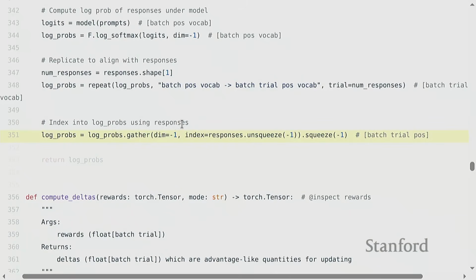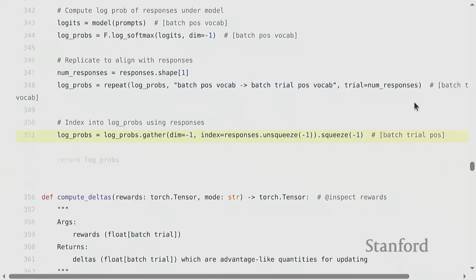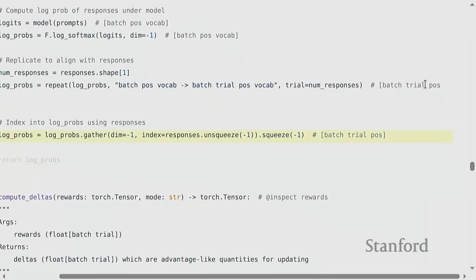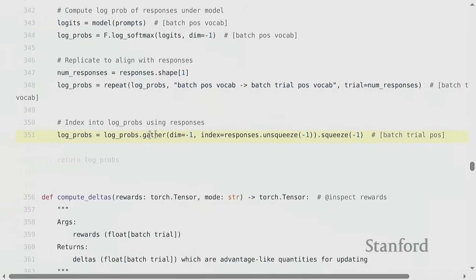So the responses, for every batch, trial, position, specify the index into log probs that I need to get. So this is batch, trial, pause, vocab, and this is batch, trial, pause with an index, and that will give me batch, trial, pause.